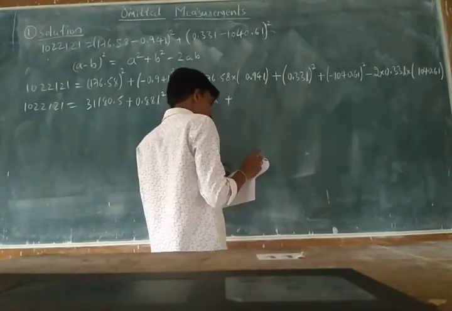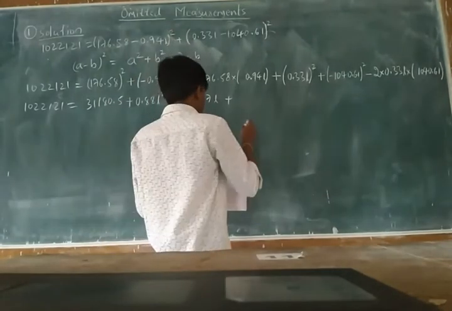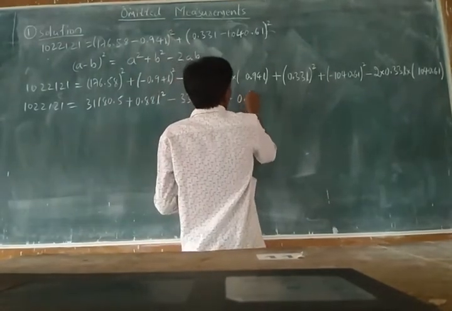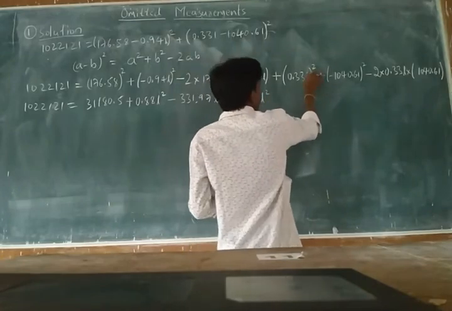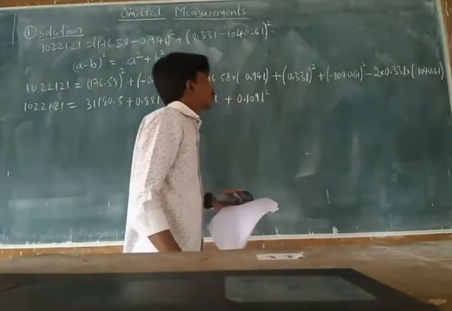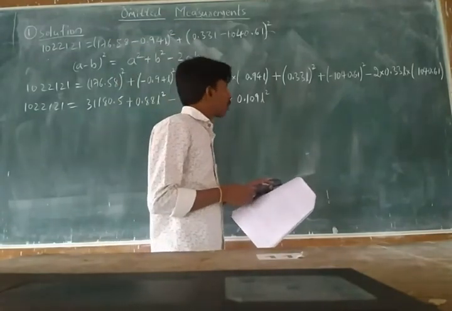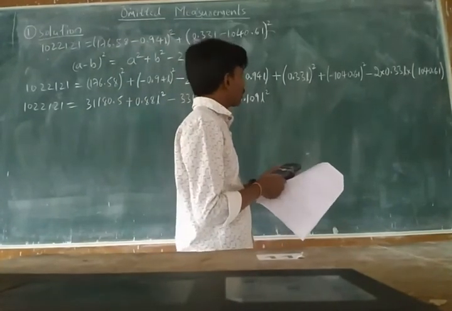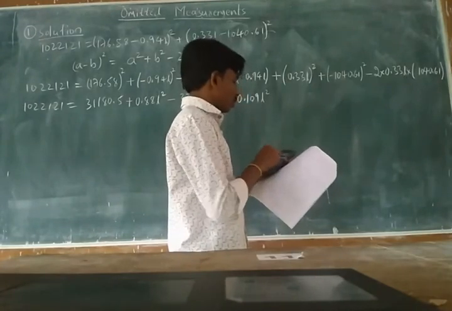0.1089 can be written as 0.109. So just write 0.109 L square. So here we have the L. The next one will become, open the bracket and then type minus 1040.61 whole square.